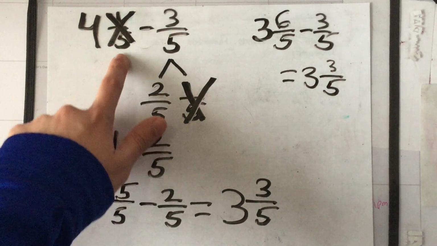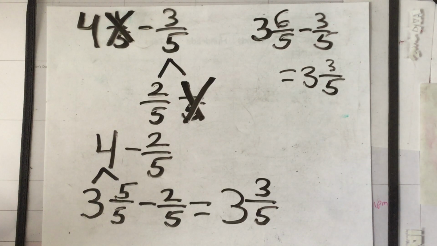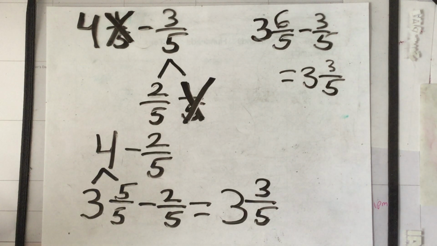You also could have converted this whole mixed number into an improper fraction. That would have been 21/5. 21 minus 3 would have given you 18/5. Then you would have had to convert it back, which is a lot of work. And that's probably one way we want to avoid doing this kind of work.